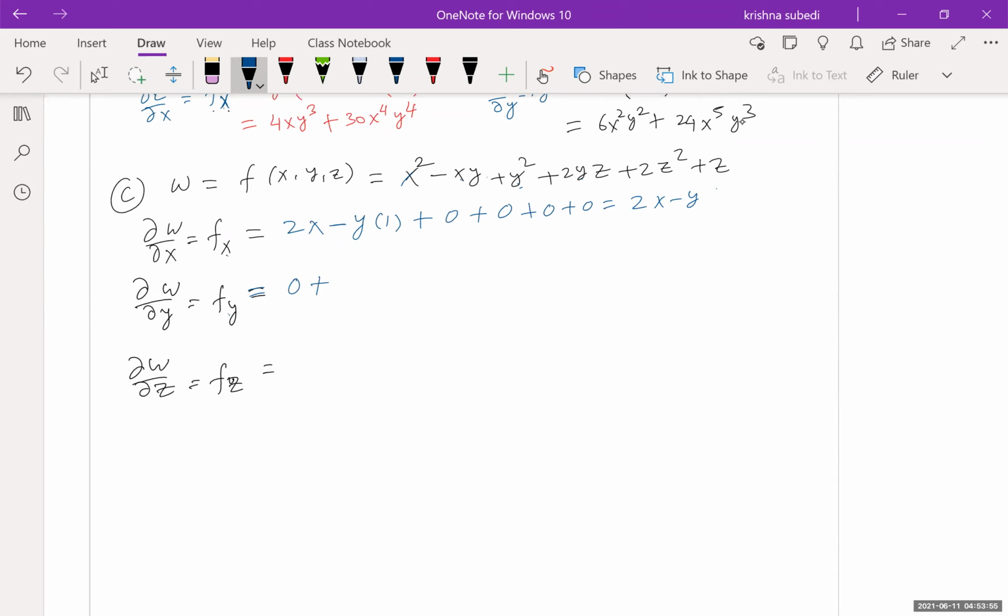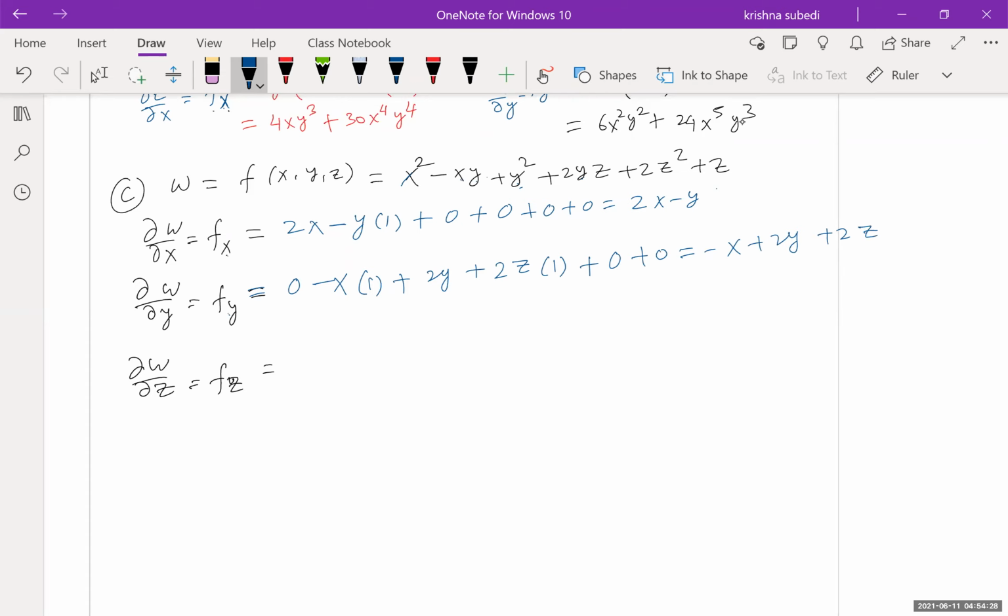With respect to y, negative x, x is constant, the derivative of y is 1, plus the derivative of y squared is 2y, the derivative of 2yz, z is constant, the derivative of y is 1, so 2z. And for z squared with respect to y, there is no y, so 0. So your answer is going to be negative x plus 2y plus 2z.